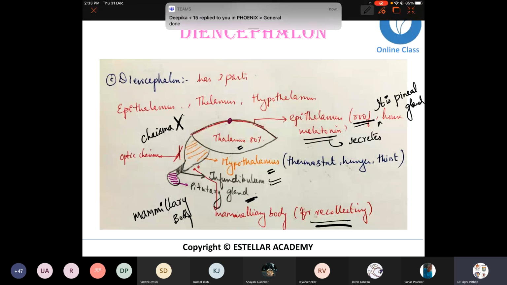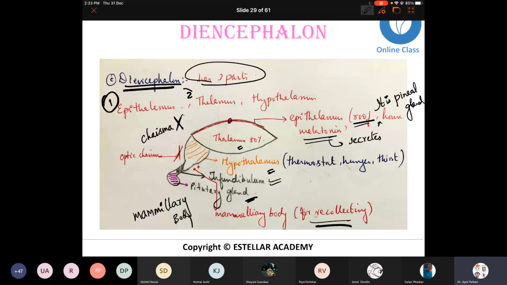Now, diencephalon, everybody listen, has three parts. First is epithalamus, second is thalamus, and third is hypothalamus. Epithalamus is a roof, and it houses a gland called the pineal gland. This gland secretes a hormone called melatonin. What is the function of melatonin?